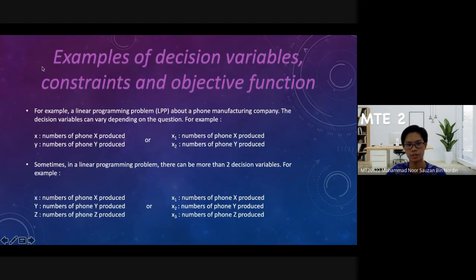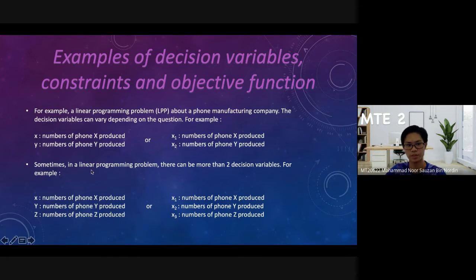Here are some examples of decision variables, constraints, and objective function. For example, a linear programming problem, also known as LPP, about a phone manufacturing company. The decision variables can vary depending on the question. For example, x is the number of phone X produced, and y the number of phone Y produced. Or you can change the x and y with x1 and x2.